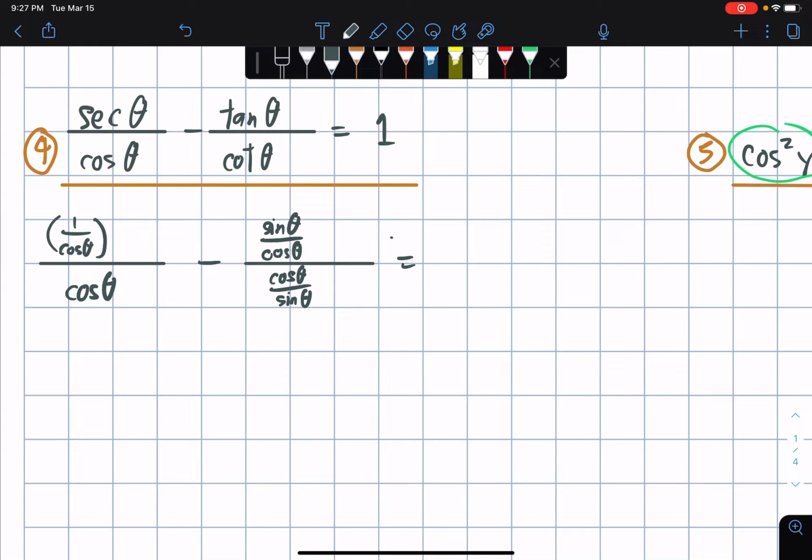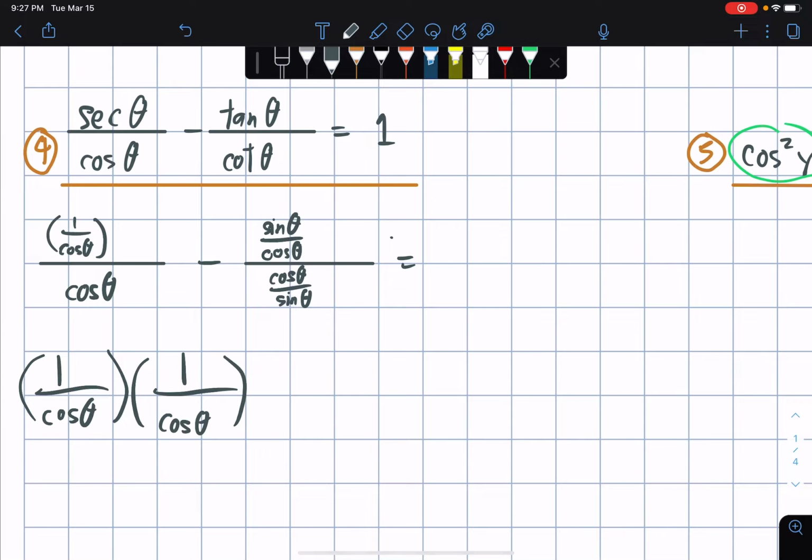Alright, let's disregard the complex fraction. Let's simplify it already so that we could remove it. So 1 over cos theta times cos theta over 1, which is basically also 1 over cos theta. Just remember that we reciprocated. I did some mental math, so I hope you can follow.